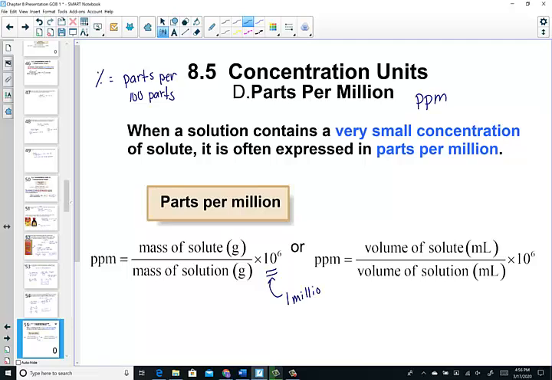And a million, of course, has 6 zeros. Parts per million is found by taking the mass of the solute over the mass of the entire solution. If I wanted a percentage, I would multiply by 100, but if I want parts per million, I'm going to multiply by 1,000,000. You can have mass or volume parts per million.